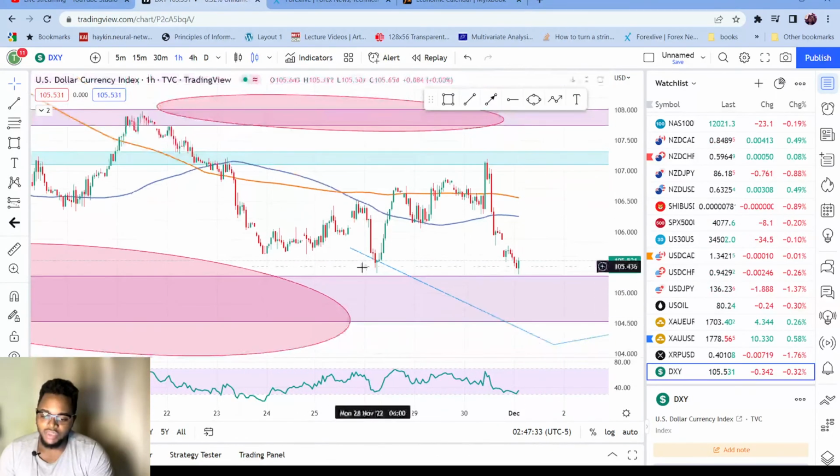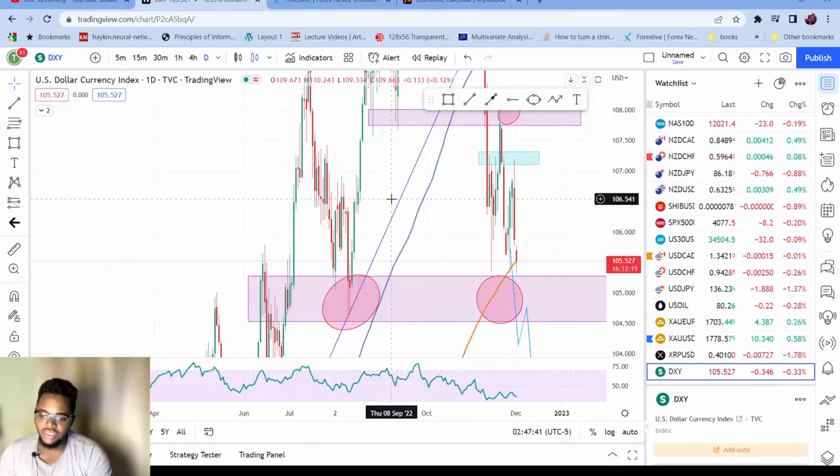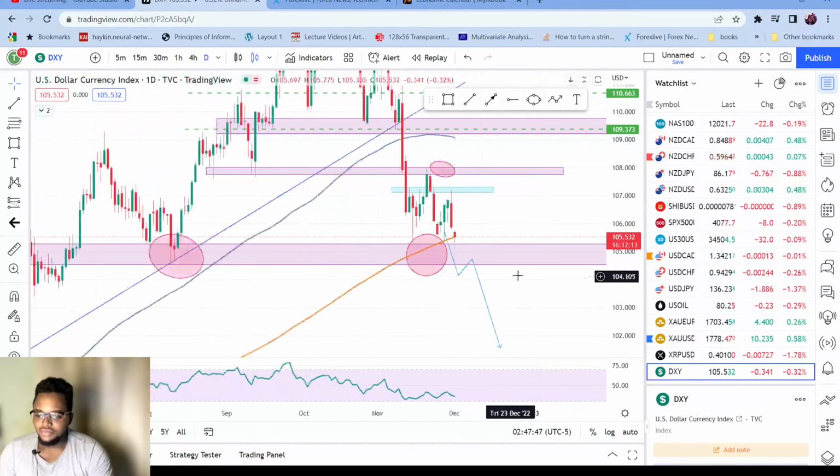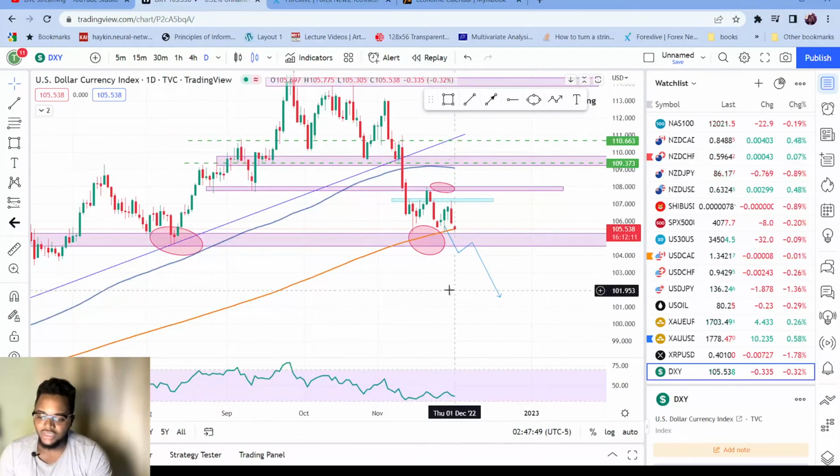Again, we maintained in this area right here. Multiple times we came in here, and we've been in this big daily range between these two areas, right here and right here. So again, the US dollar would continue moving weakish.